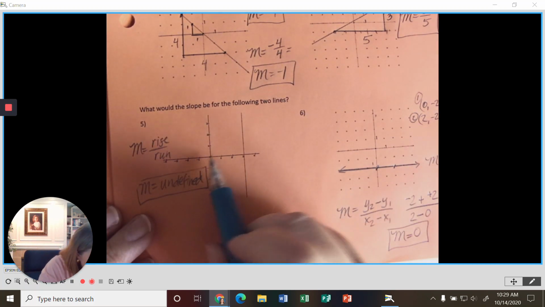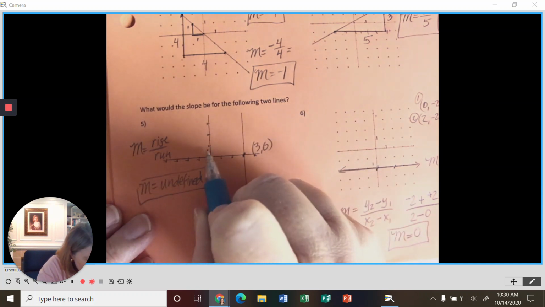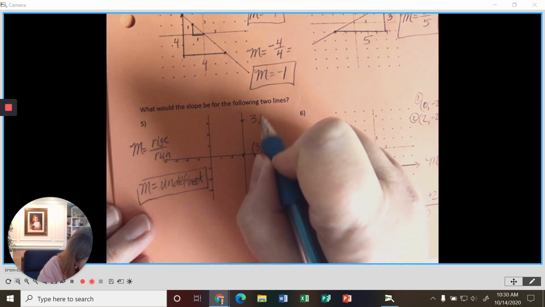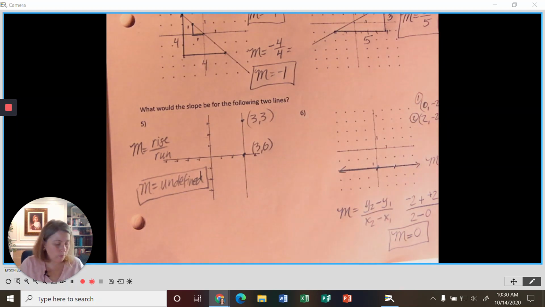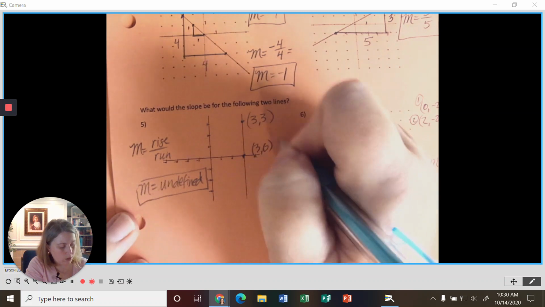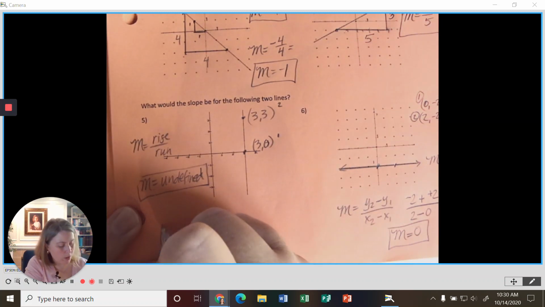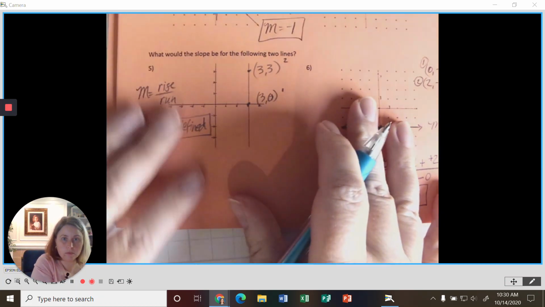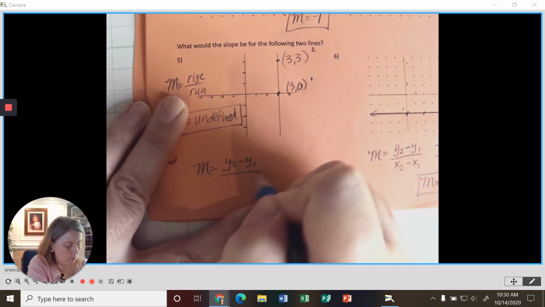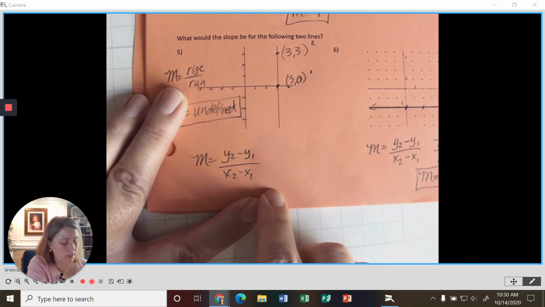I'll choose any 2 points. I'm going to choose 3, 0, and I'll just choose 3, 3. We're not reading left to right because it's a completely vertical line, so I'm just going to call this point 1 and this point 2. Remember our slope formula: y sub 2 minus y sub 1 over x sub 2 minus x sub 1.